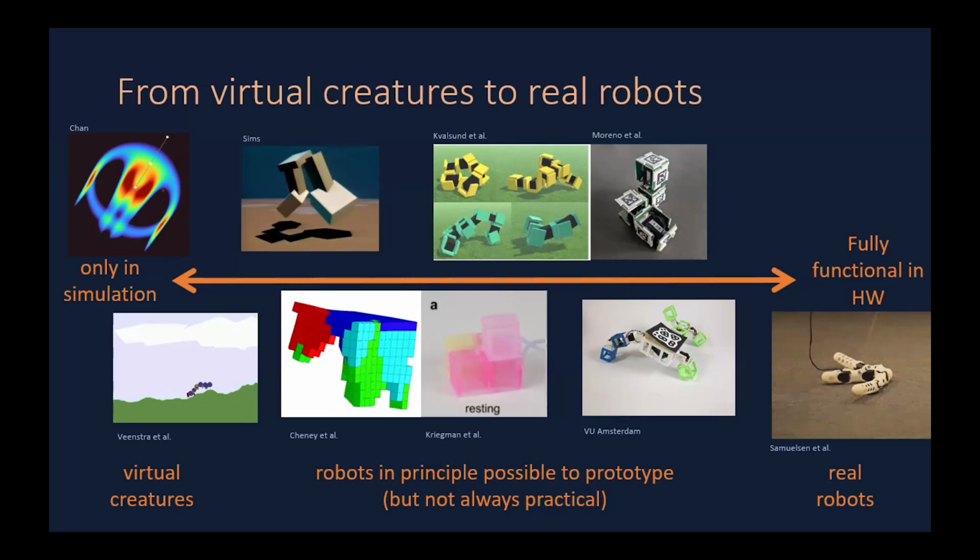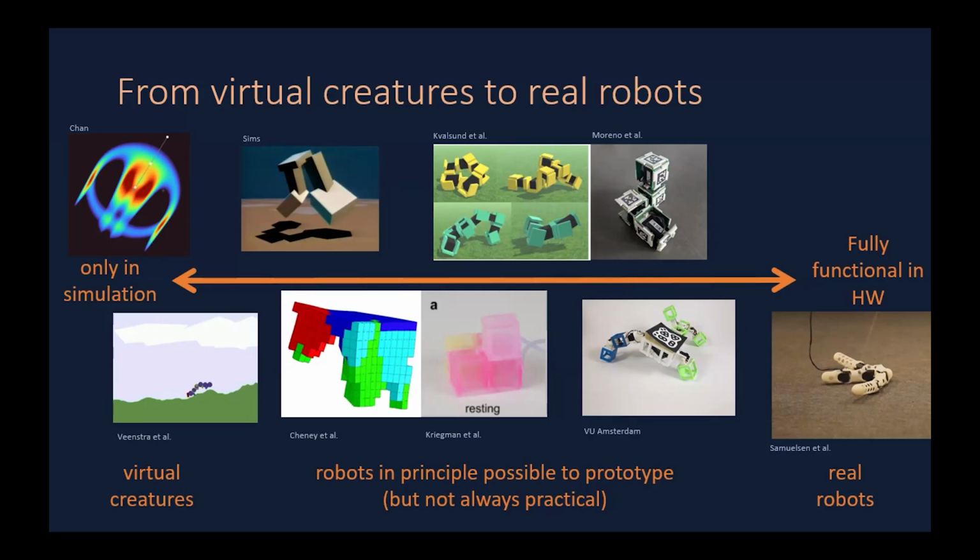Going from the left, you have things that only exist in simulations, like virtual creatures, could be even continuous cellular automata. It could be these virtual creatures that are clearly very difficult to produce in a real world setting.